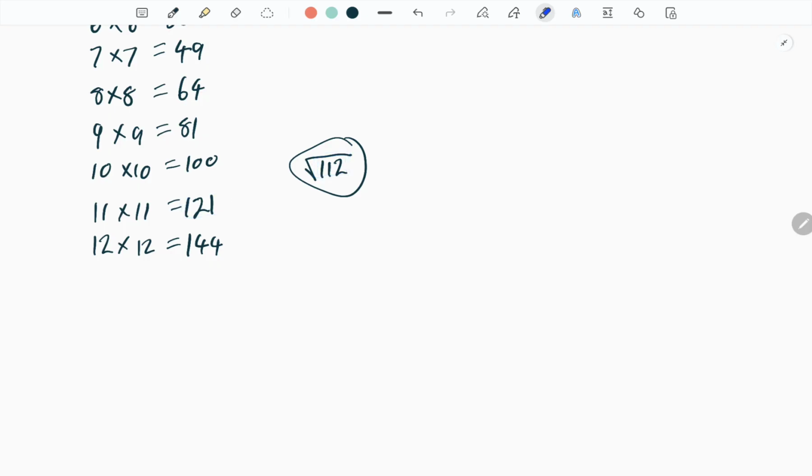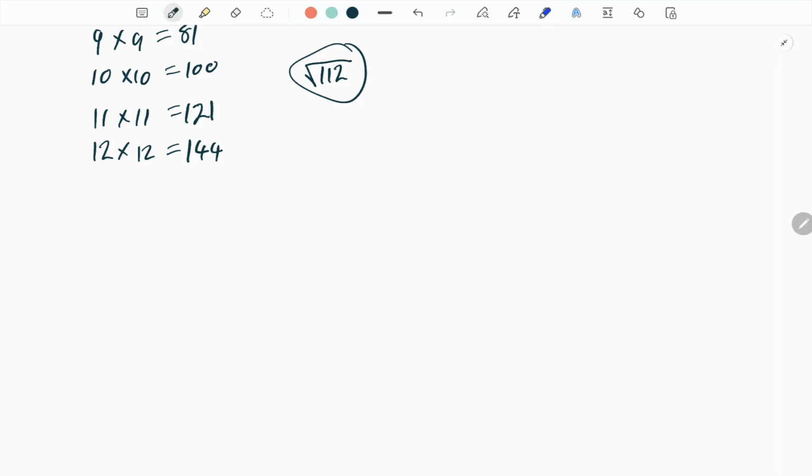So clearly it means we will find 112 between 100 and 121. So we will find the square root of 112 between the square root of 100 and the square root of 121. And then the integers there will be 10 times 10, which gives us a perfect square, and 11 times 11, which is also going to give us a perfect square.